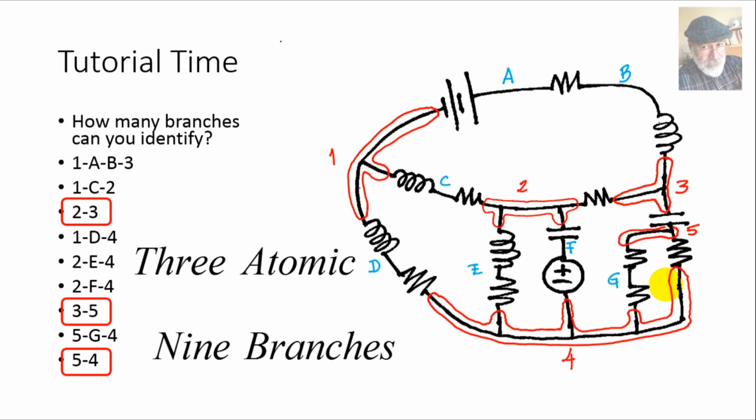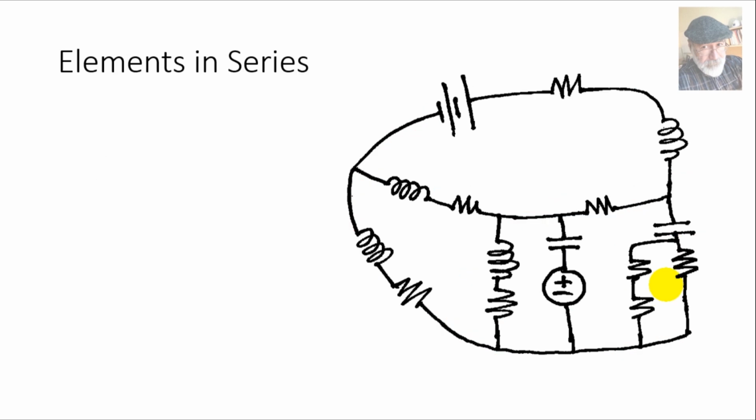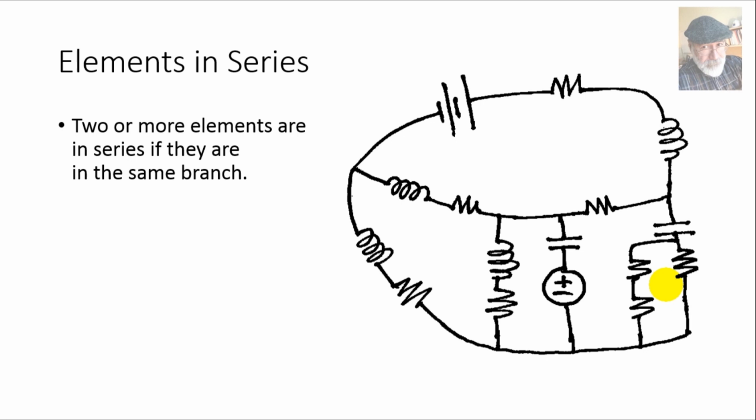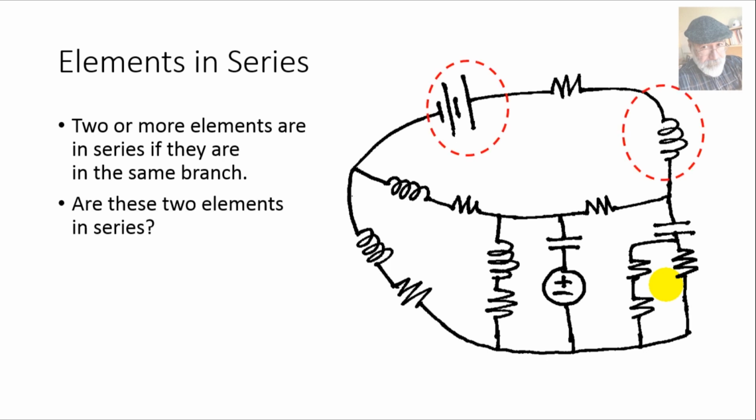I'm sure it was. Now, let's define when we say that 2 elements are in series, a topological definition for series connection of elements. 2 or more elements are in series if they are in the same branch. Simple, bulletproof.